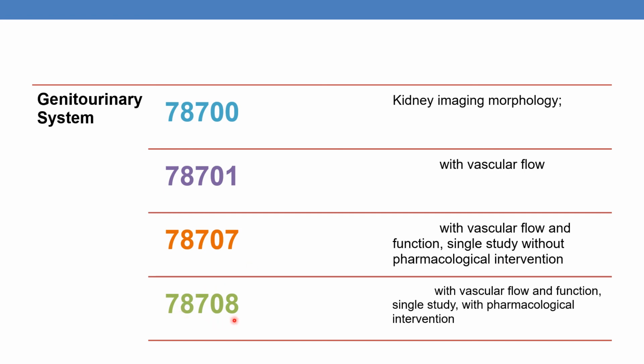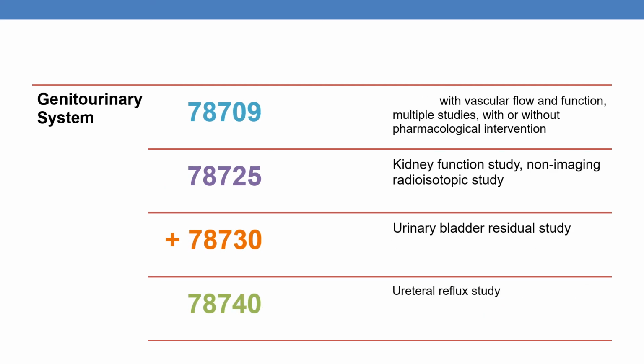The next is 78708, kidney imaging morphology with vascular flow and function, single study with pharmacological intervention. The next CPT is 78709. It deals with kidney imaging morphology with vascular flow and function, multiple studies with or without pharmacological intervention.